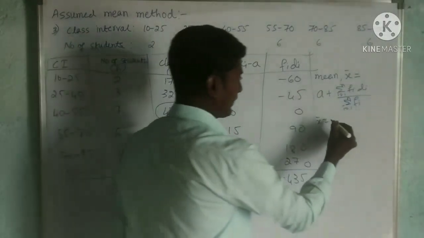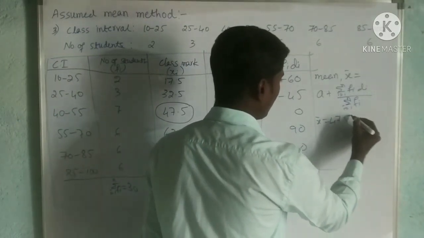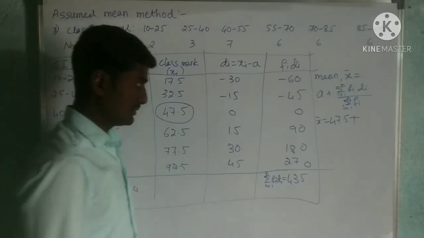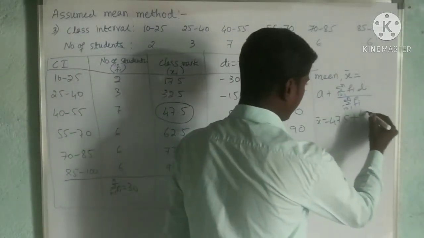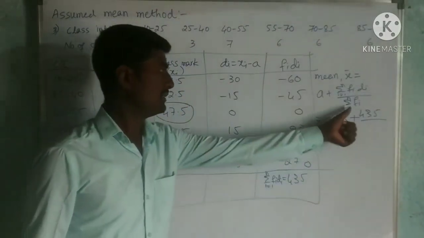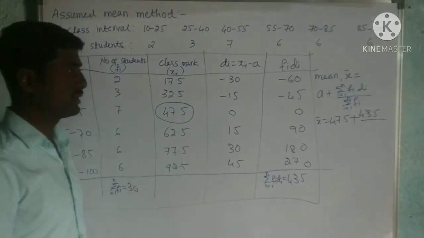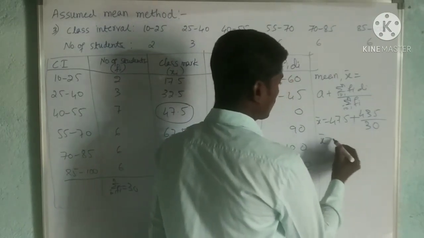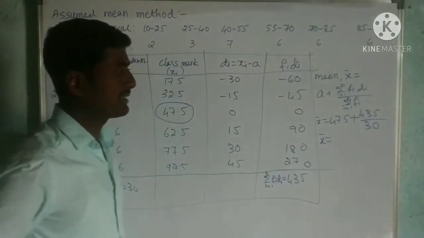So this is 47.5 plus summation of Fi Di, 435, divided by summation of Fi, that is how much? 30.